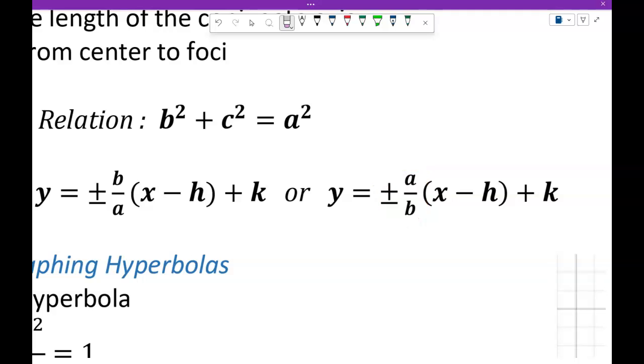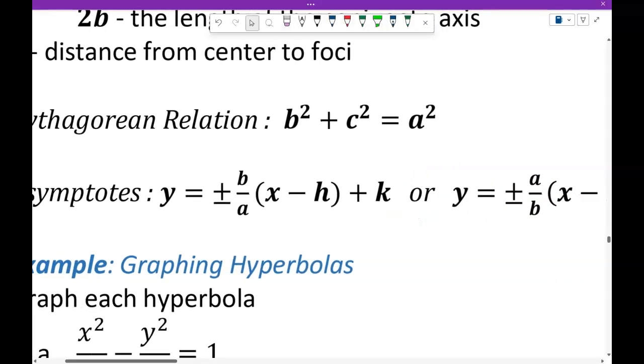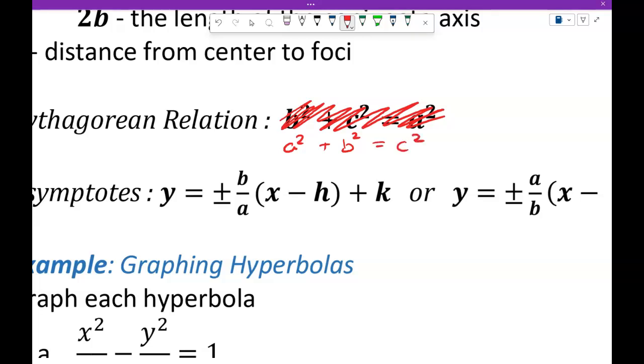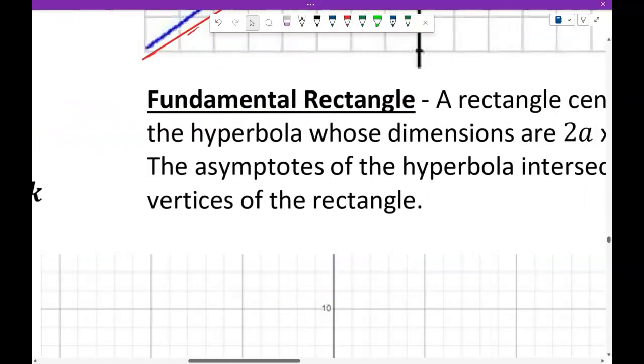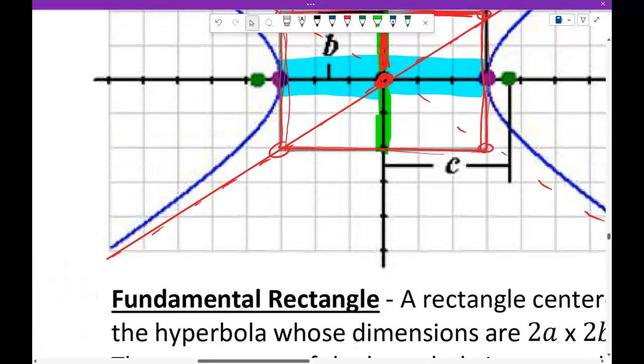Now here I have a typo with our Pythagorean relation, so let's fix that. Instead, unlike our ellipse, it's actually exactly the same as our Pythagorean theorem, a squared plus b squared equals c squared. Again, C still measures the distance from center to foci, but unlike the ellipse, the foci are actually further out.